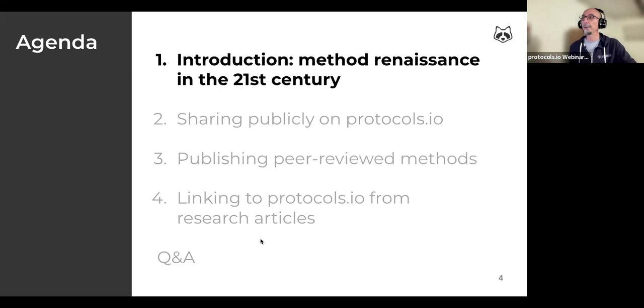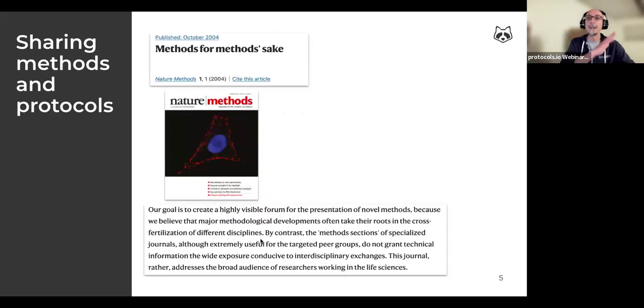So, for the first part, let's go a little bit back in history. The journal Nature Methods actually started only in 2004. And the excerpt that you see on the screen is from the inaugural editorial, in which the founding editor said that the goal was to create a highly visible forum for the presentation of novel methods, because major methodological developments take their roots in the cross-fertilization of different disciplines.